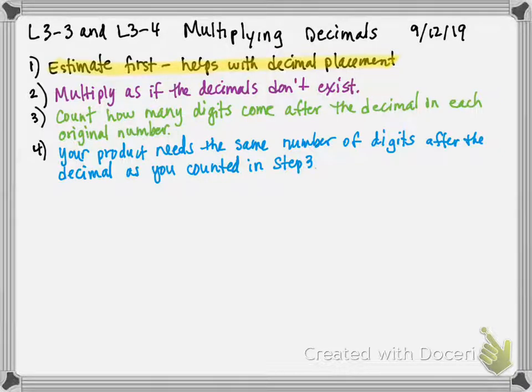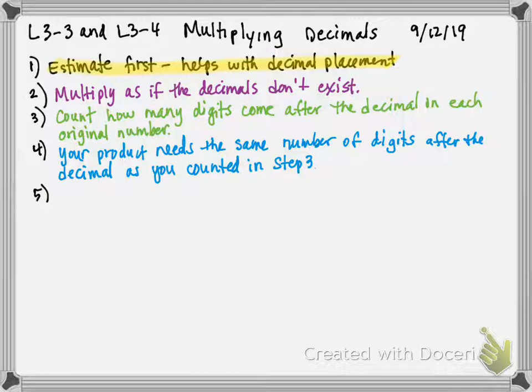If you counted altogether 3 digits after the decimal, then your answer has to have 3 digits. But what if you count from the end of your number backwards the number of spaces, and you run out of digits? What do you do in that situation?